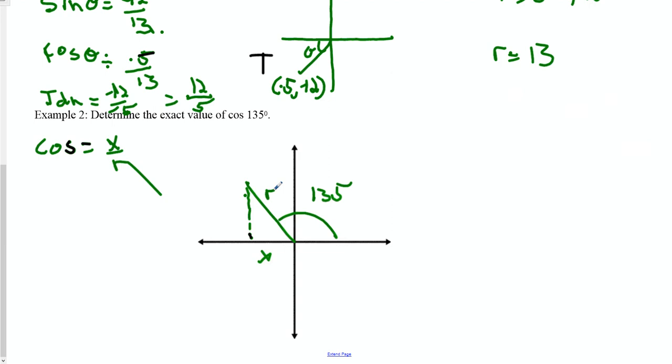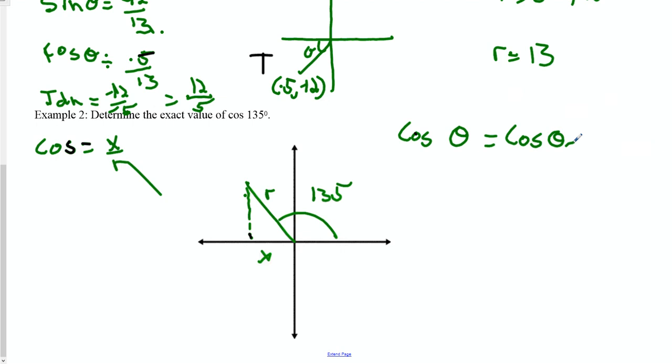So what you need to remember now, though, is I mentioned this up in the first example, that for any angle theta on my Cartesian plane, cosine of my angle will also equal cosine of my reference angle.